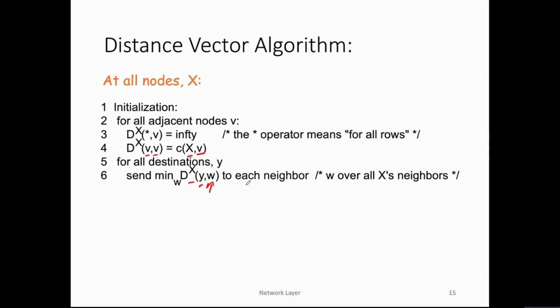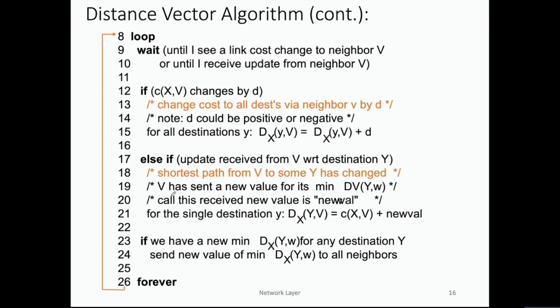So after this initialization step, we enter into a never-ending loop. What happens here is that a node waits until there is a link cost change to a neighbor V, or there is an update from neighbor V. So if the link cost between, say, router X and V has changed from 2 to 3, or V informs the router U that the cost to reach a specific destination has changed.